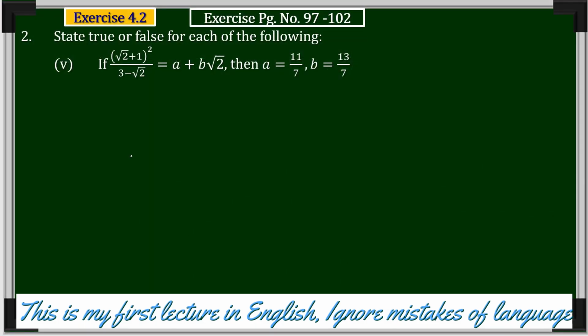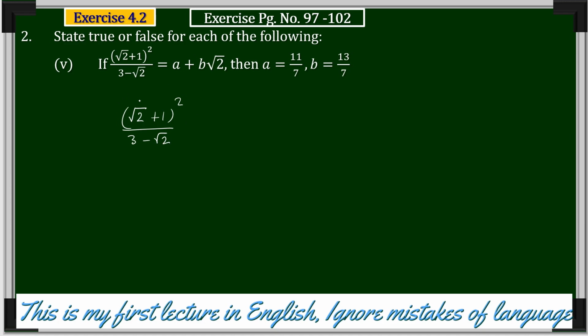Let's check statement 5. In this statement we are asked: if square root 2 plus 1 whole squared upon 3 minus square root 2 is equal to a plus b square root 2, then the value of a is equal to 11 upon 7 and the value of b is equal to 13 upon 7. So first of all, in this part, square root 2 plus 1 whole squared upon 3 minus root 2.